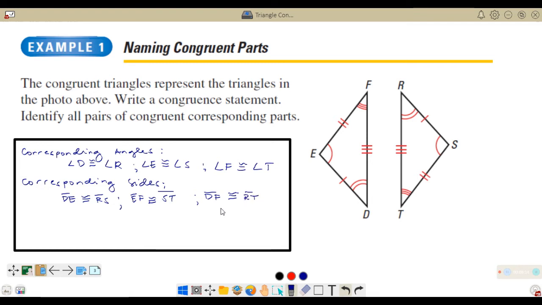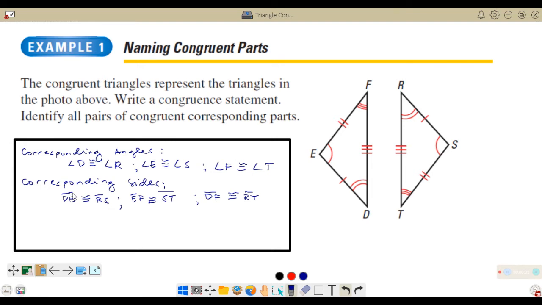Ayan. And take note, dito sa arrangement natin ng corresponding sides, sinusunod pa rin natin yung idea of corresponding vertices or corresponding angles. If you started your segment with D, so the next segment must start with R then.